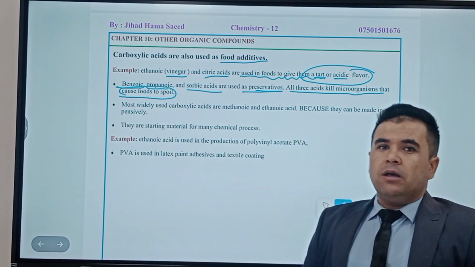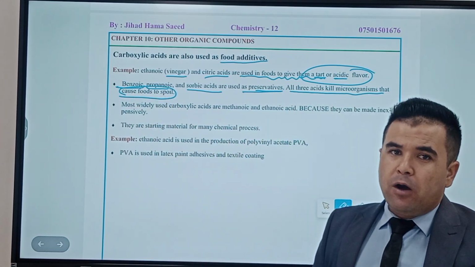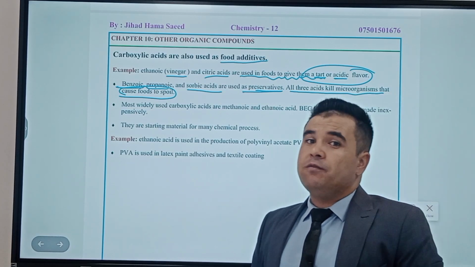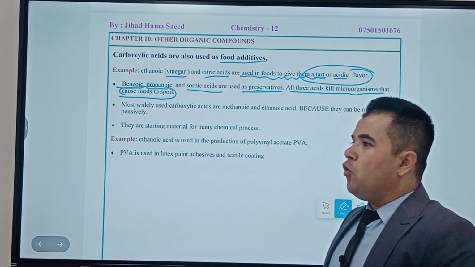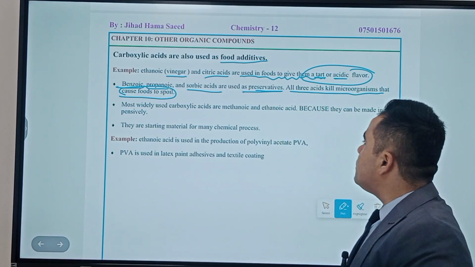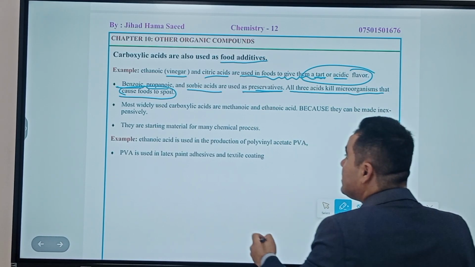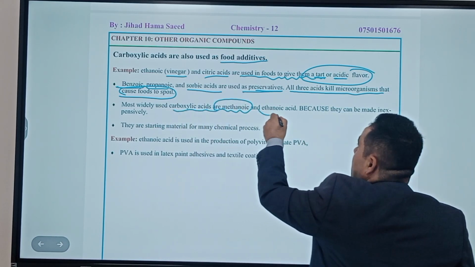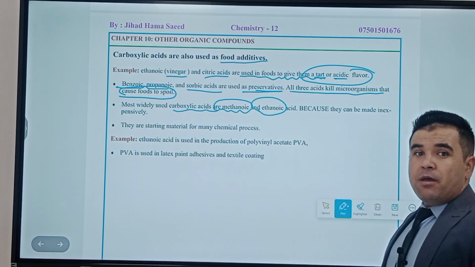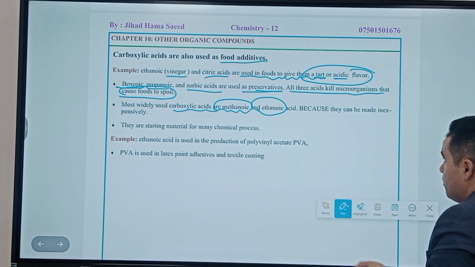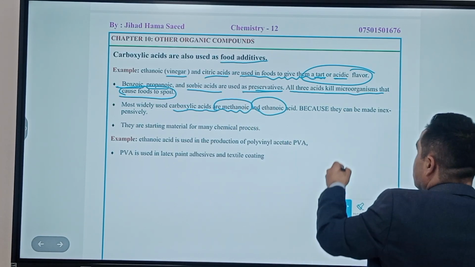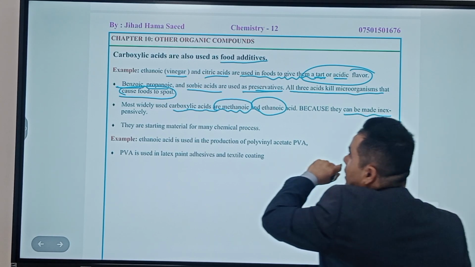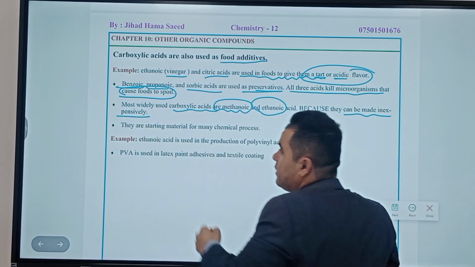All three acids kill microorganisms that cause foods to spoil, so they can be used to prevent food from spoiling. The most widely used carboxylic acids are methanoic and ethanoic, commercially, because they can be made inexpensively.